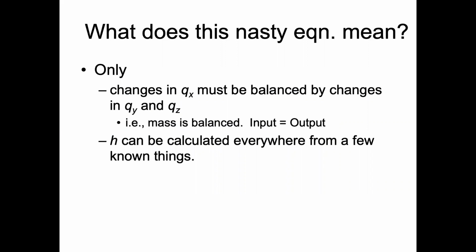When we think about these equations, the only thing they are saying is that changes in the X must be balanced by changes in the Y and the Z. Because in a mass balance equation where our steady state is 0, inputs have to equal outputs in these systems. And H can be calculated everywhere knowing only a few things.